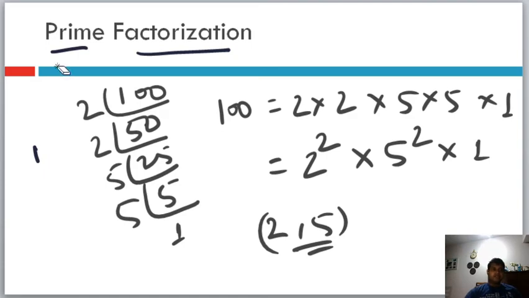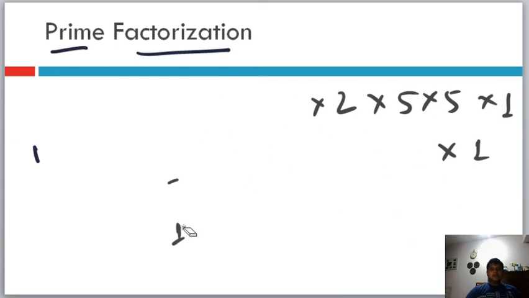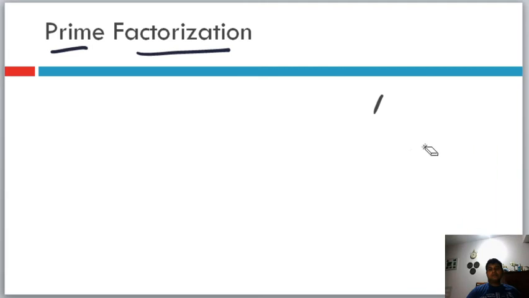Now let me give you an example where the number is not divisible by 2. In that case we have to go to the next larger prime number, and so on. So let's take a number. Let's take 28. Sorry, 28 is divisible by 2. Let's take the number 21.